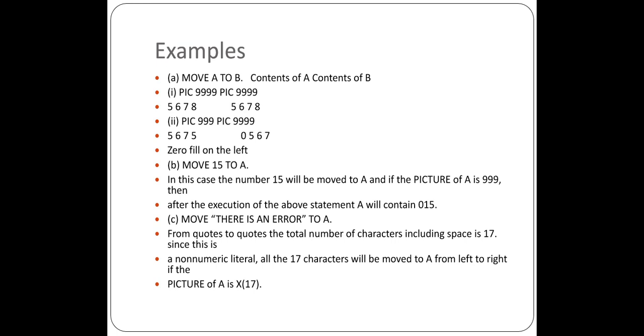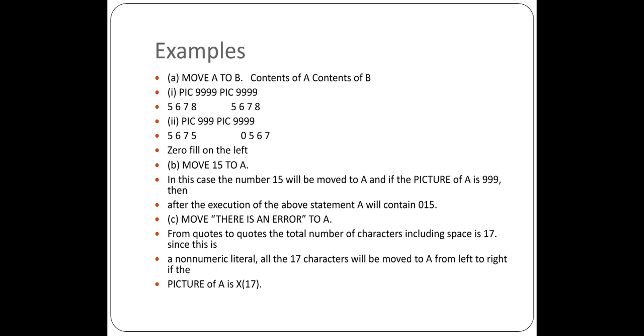And then the second example, where the picture clause of the sending field is just 999, and the picture clause of the receiving field consists of 4 nines. So here we are going to send a 3-digit value from the sending field to the receiving field. So in this place, we fill from left to right.